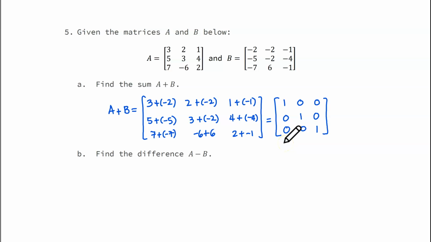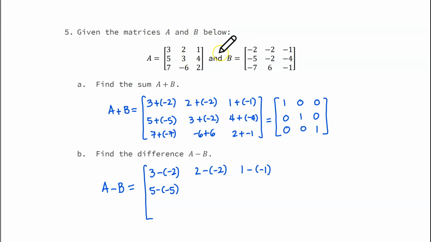That is just extra. Now let's find the difference, A minus B. The same thing. You subtract corresponding entries. So that means you have 3 minus negative 2, 2 minus negative 2, and 1 minus negative 1. Then you have 5 minus negative 5.